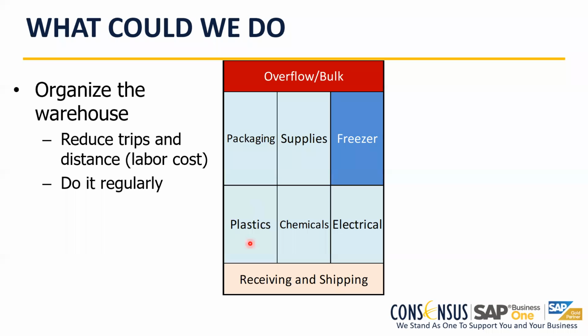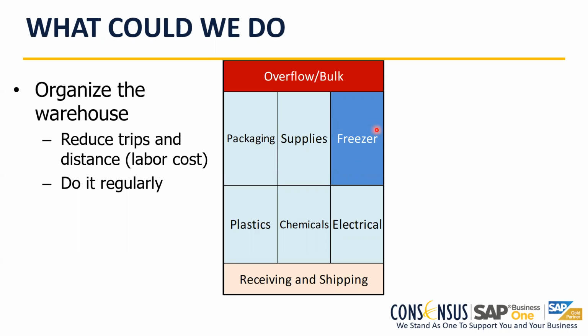You have plastics, chemicals, electrical, packaging, supplies, and then you might have an area at the warehouse where you have to keep certain items because they require certain temperature or humidity, or because they have to be stored in a cage because they're super expensive, or for whatever reason.